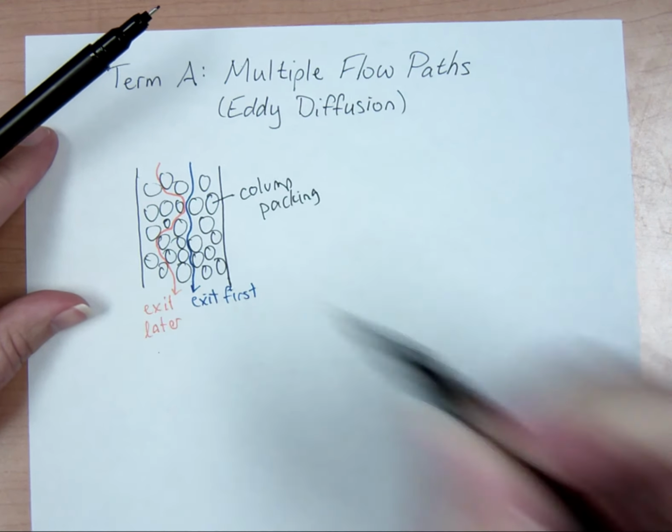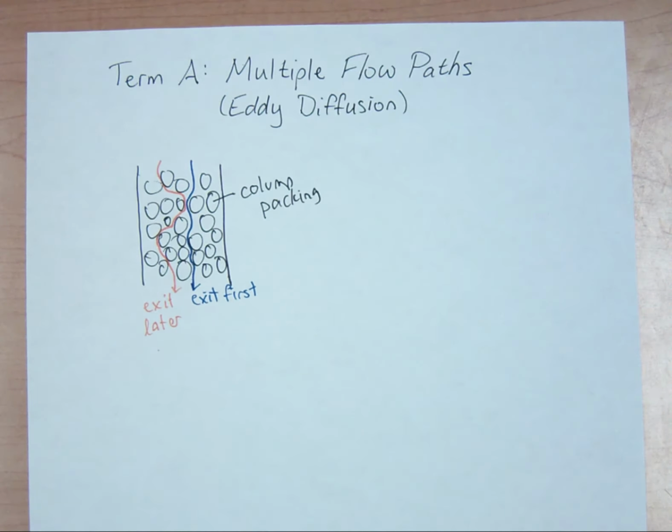Now remember, I haven't even taken into account how it's interacting with the stationary phase. Simply what path does it take as it walks around the particles in the column? In this case, this multiple paths term is simply looking at how the paths it takes through a packed column are different.